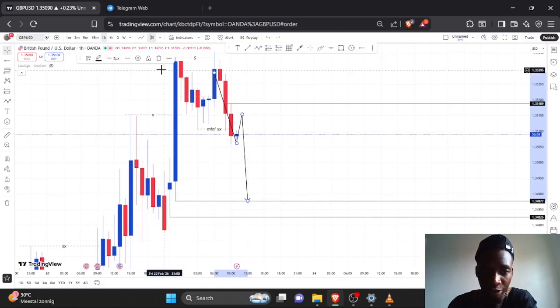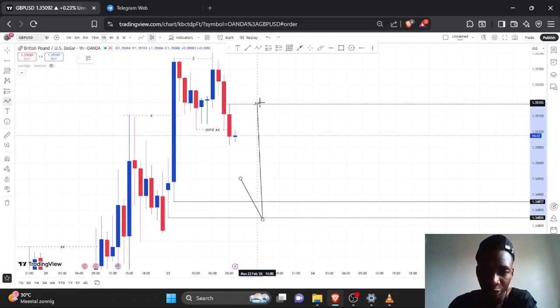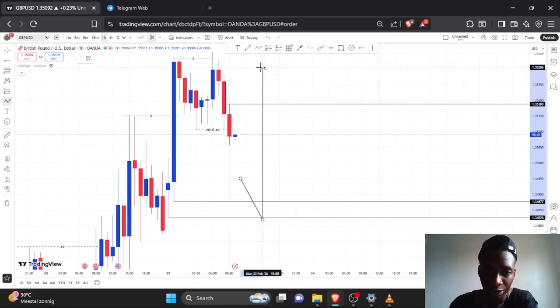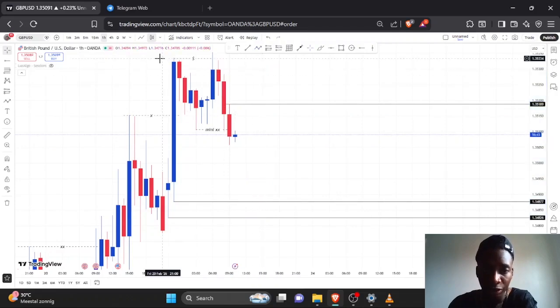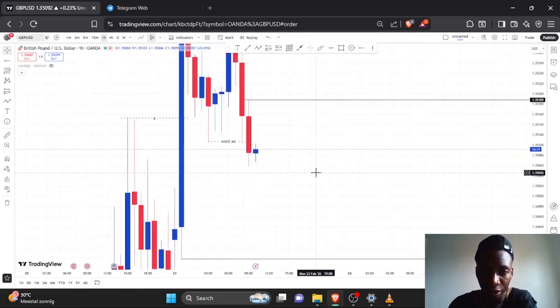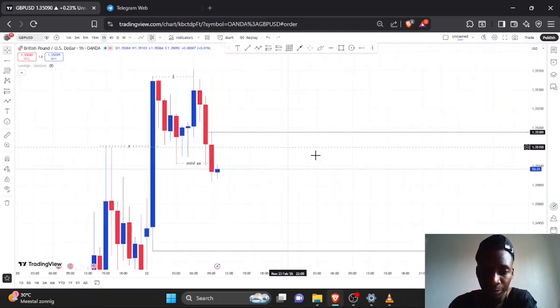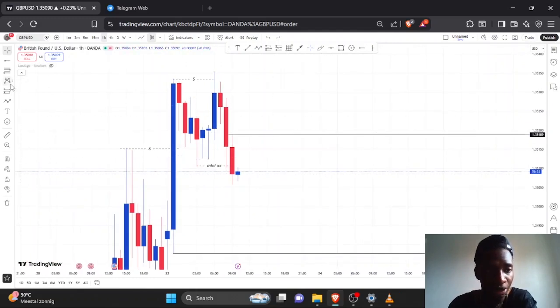Right, now we're going to be looking for the sell side liquidity. I'm very sure the market might not even get to this point, but I think if the market gets to this buy side liquidity, it is going to be pushing up to this point. TP1, TP2, and TP4. But for now, we are looking for an opportunity to look for a sell entry.